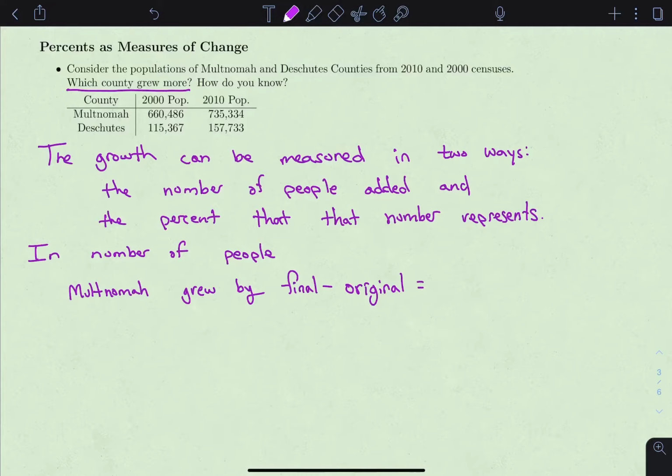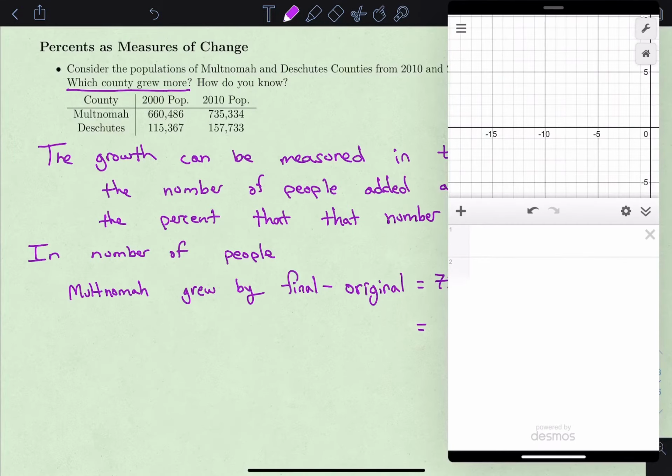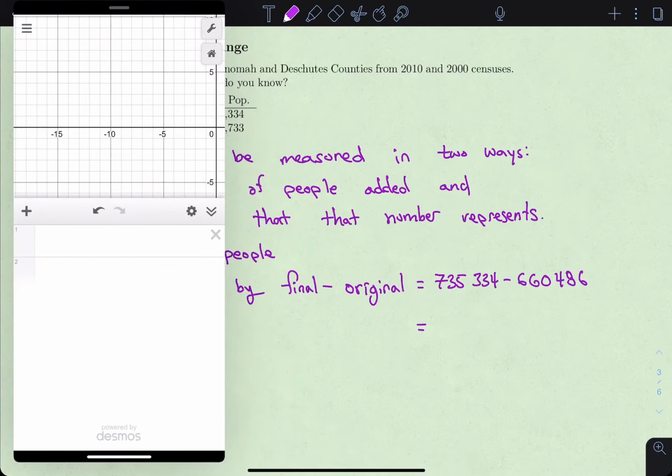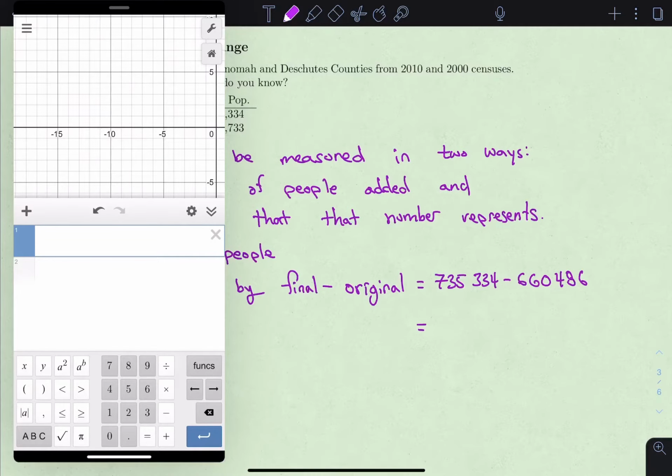In this case, that was that 735,000 number that we've seen, minus what the population was in 2000. And we can bring our calculator out to do that for us. That's 735,334 minus 660,486, which is 74,848.